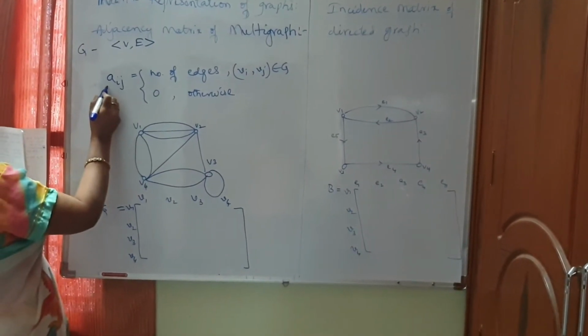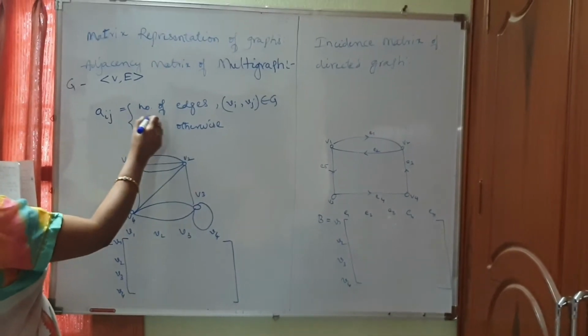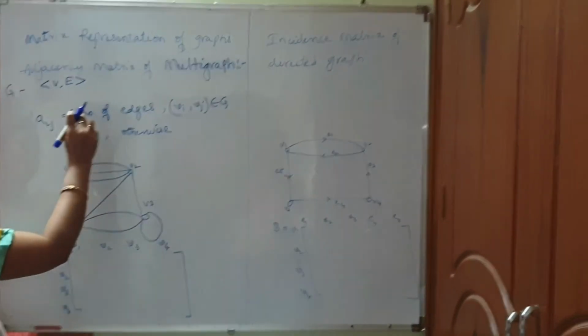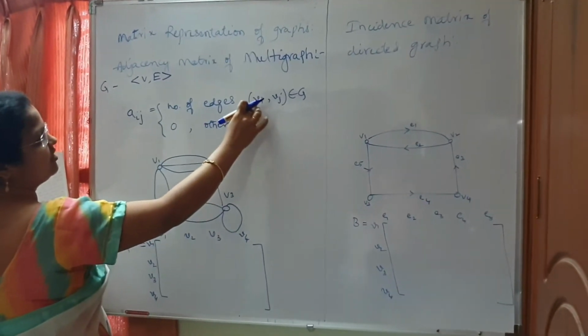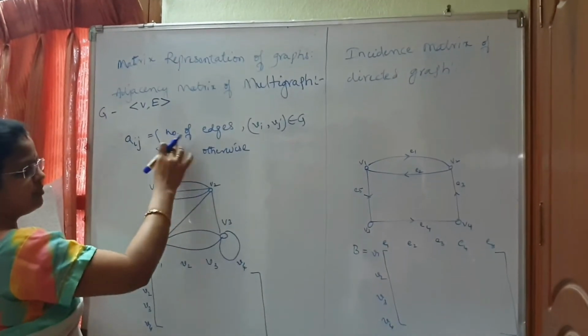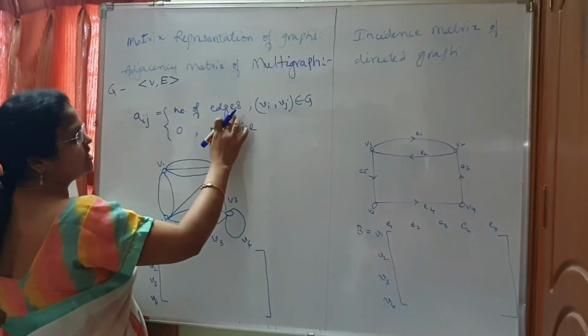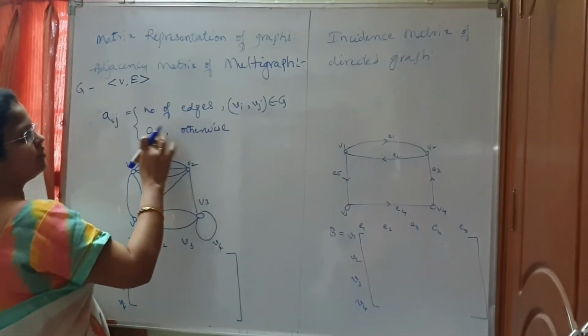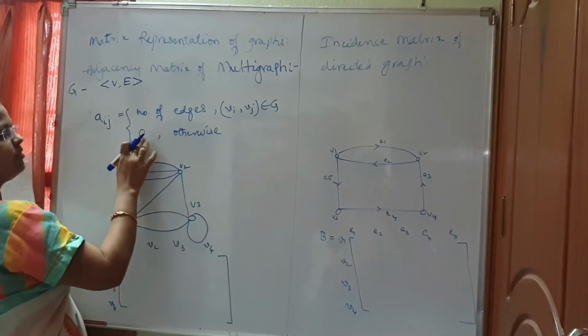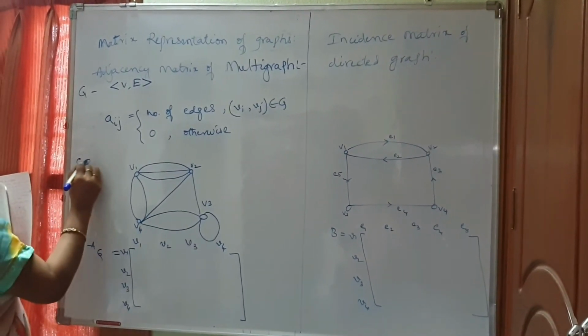By the definition, each element of the matrix Eij is equal to the number of edges from one vertex to another vertex. If we have 2, then we represent that number by 2 in the matrix. And if there are no edges from one vertex to another vertex, then we represent that number by 0.